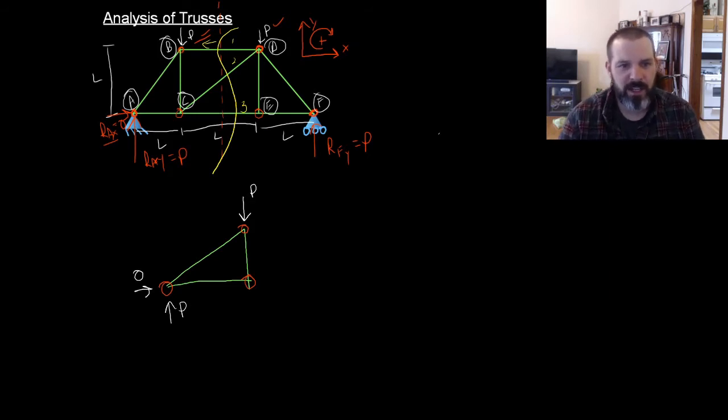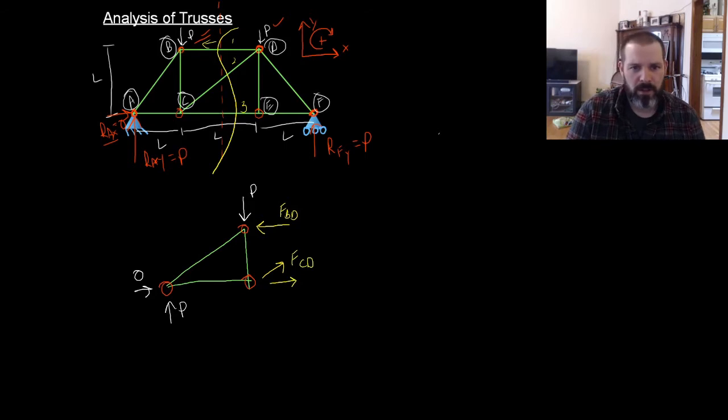And then everything I cut turns into an unknown force. So you just basically draw them in. This will be force BD. This will be force CD. And this will be force CE.